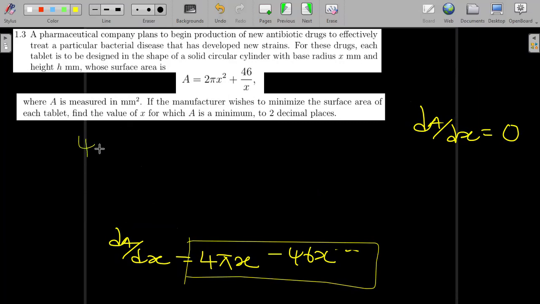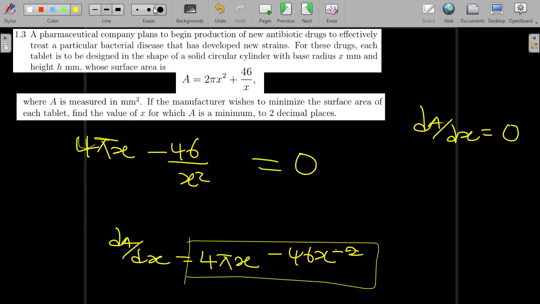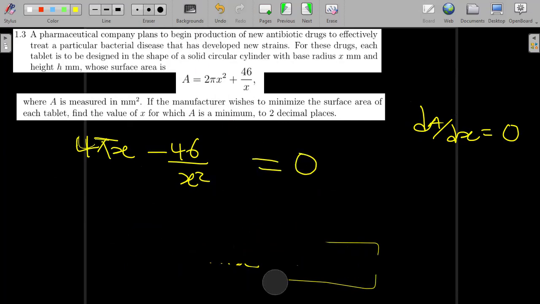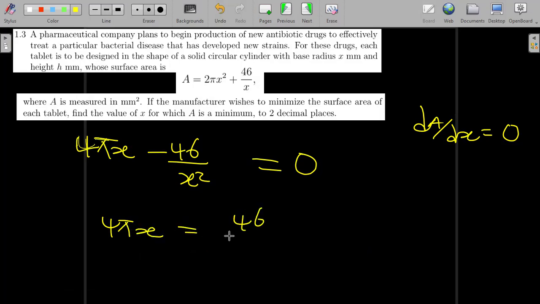So it will be 4 pi x minus 46 over x squared now. Remember this was to the power minus 2, so the minus 2 can go into the denominator like that, equals 0. So I want to find the value of this x.